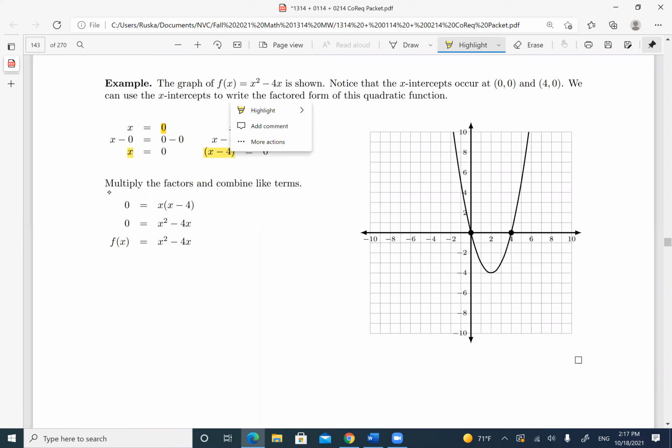You always switch it, make it opposite. Then when you multiply x times x minus 4, you get the original function. This is the standard form of the function, and this here is the factor form.